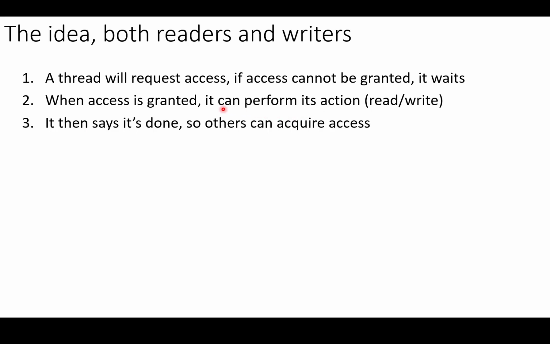You can modify the shared resource as it wants to, or read from it. And when it's done, it has to say, okay, now I'm done. So I no longer need access, and then others can get to the resource, right? Get access, actually use that access, and then release the access again, say I'm done. So these are the 3 steps.